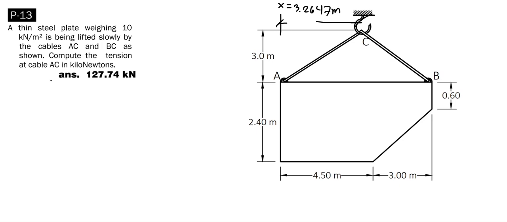For the tension at cable AC, let's again break down this figure into simpler shapes. This one has a weight, let's call this W sub 1, for the triangle W sub 2, and this one is W sub 3.